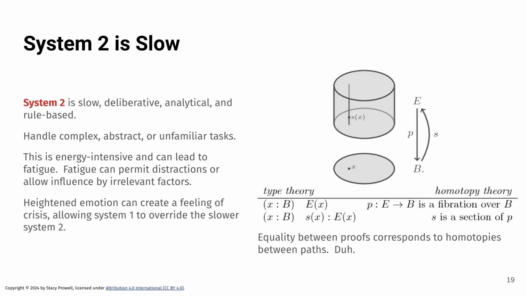System 2 is slow. It's deliberative, analytical, rule-based. And this is what we do when we're doing complex, abstract, or unfamiliar tasks, right? Your kid comes home and says, I need to do this thing for geometry. And you're like, how do you find the eccentricity of an ellipse?